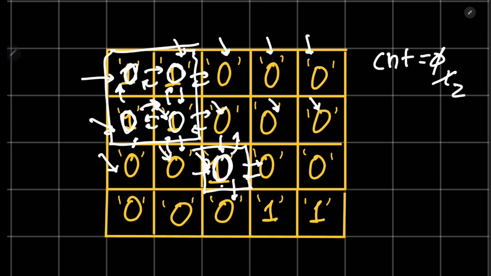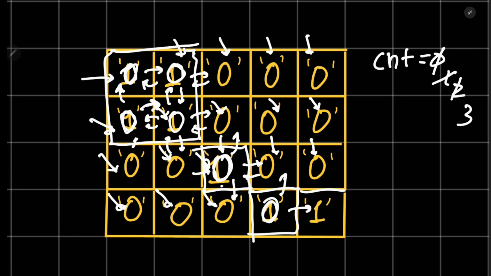Again the DFS function will return back to the numIslands function, and then we'll again continue traversing the matrix. We'll find again one here. So DFS function will be called over here and the counter will be increased. So it will turn to 0. Then it will explore all of its neighbors. It is already 0. Here it's 1.